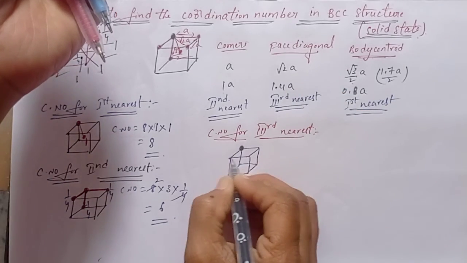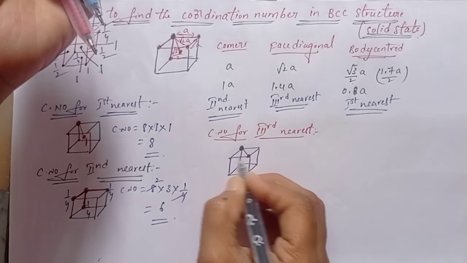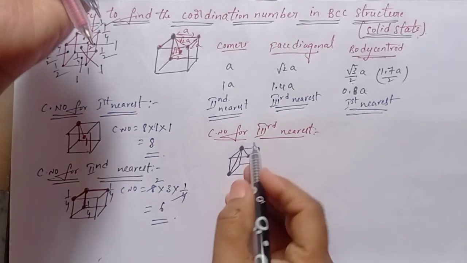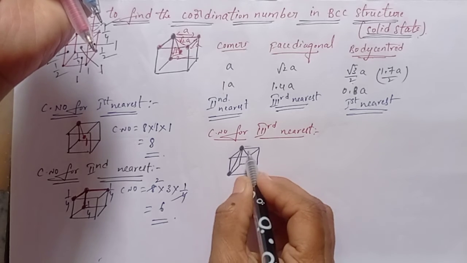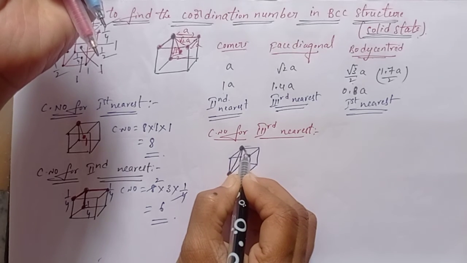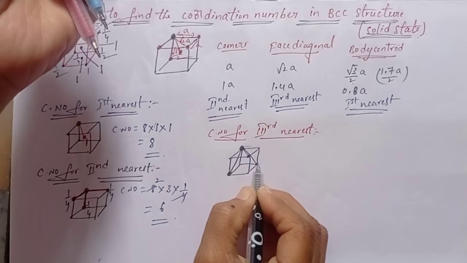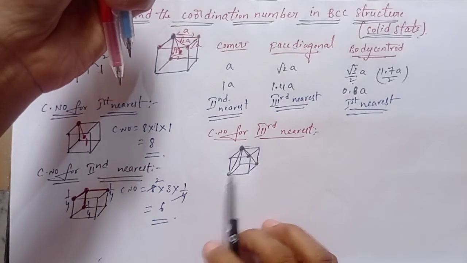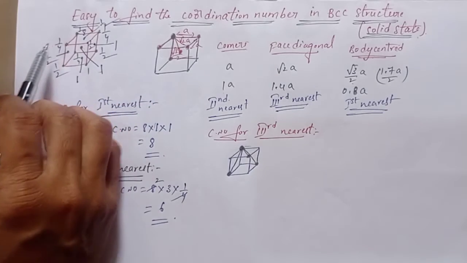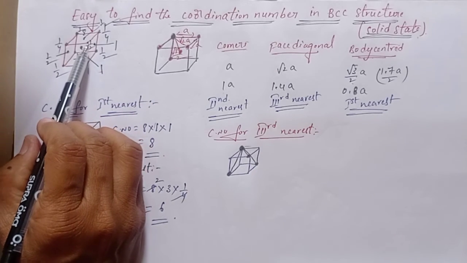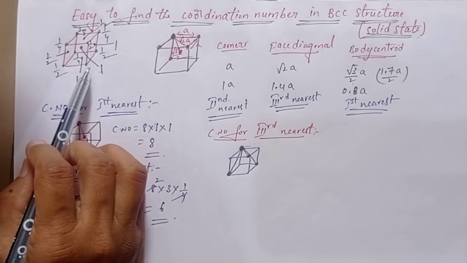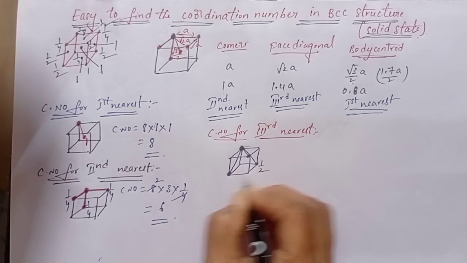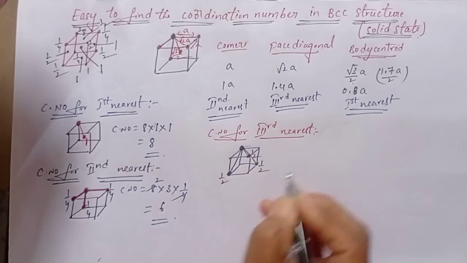On this face there is one face diagonal particle, on this face one face diagonal particle, and on the third face this one. In total there are three face diagonal particles, and the contribution of each face diagonal particle is 1 by 2.